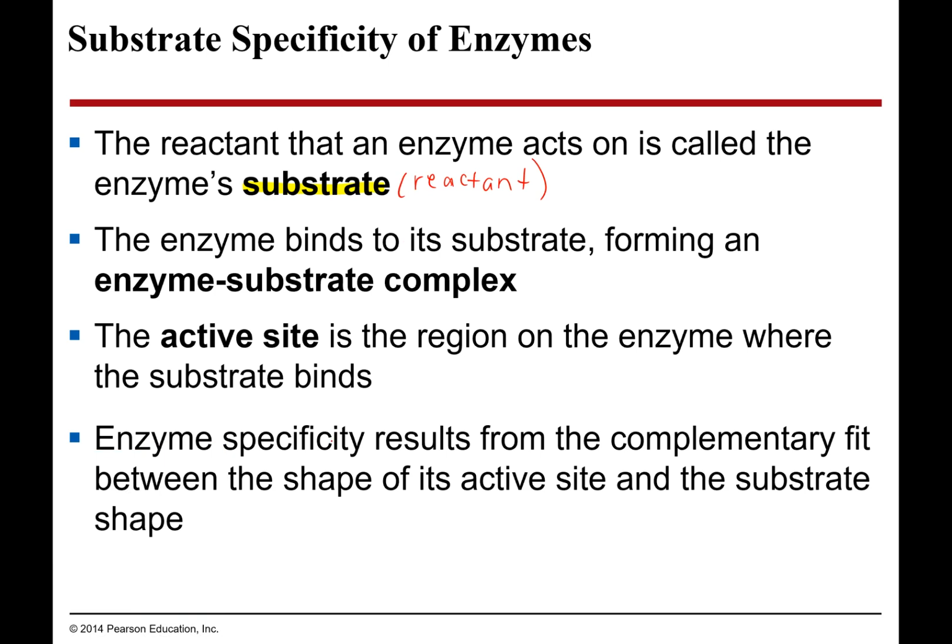The enzyme substrate complex is the combination of the substrate bound to the active site of the enzyme and the enzyme itself. So it's the whole combination of both. If you were in my class last year, we cut out pictures of an enzyme and a substrate, and you stuck them together, and then you had to label them on your paper as the enzyme substrate complex. You might remember doing something like that. So it looked like this if you were in my class last year.